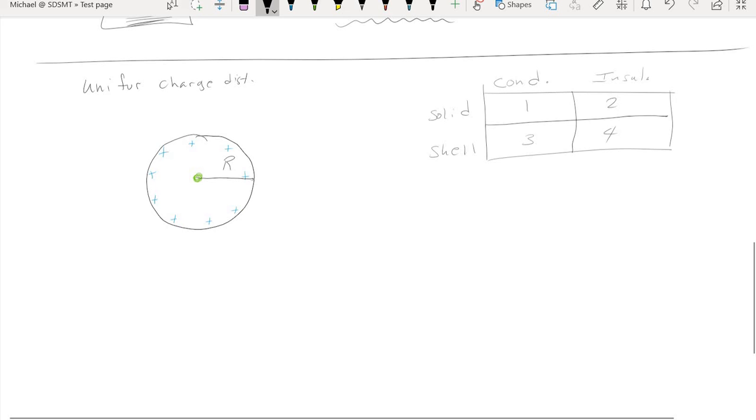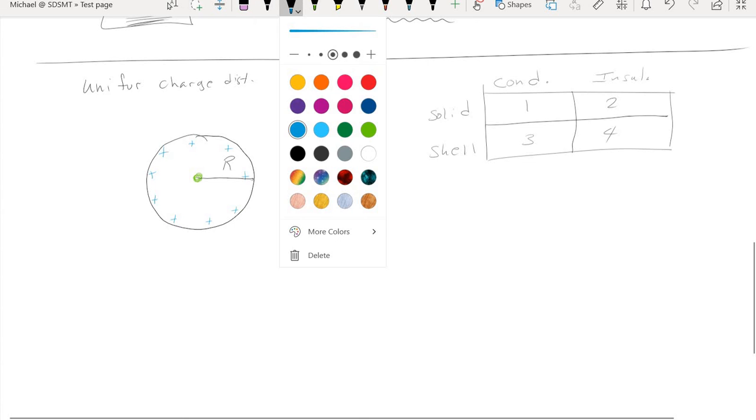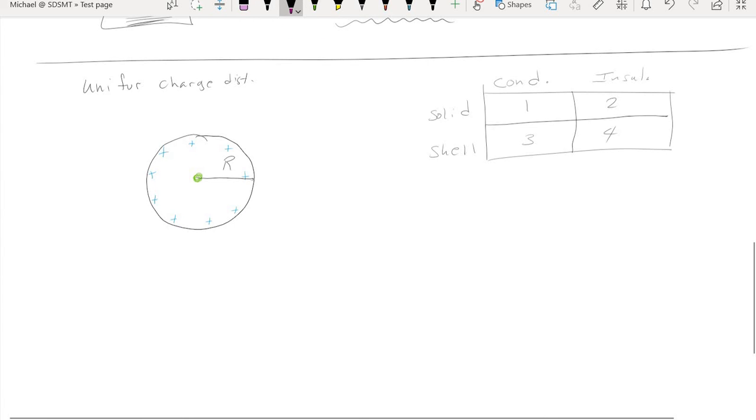And I would like to know what is the magnitude of the electric field at a distance of r. So big R is the radius of the physical solid sphere. Little r is going to be the position where I want to measure the electric field.